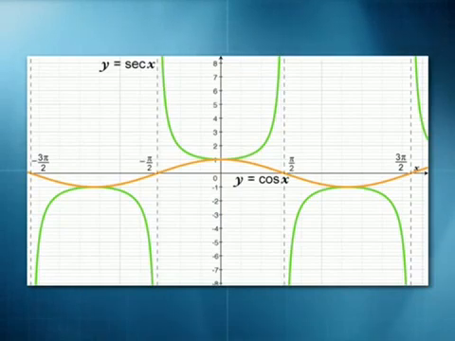That means that secant is also 1 there because the reciprocal of 1 is 1. All right. Notice that at pi over 2, cosine is 0, isn't it? That means secant is not defined there. So secant has a vertical asymptote at pi over 2. In other words, the zeros of the cosine function are the vertical asymptotes of the secant function.